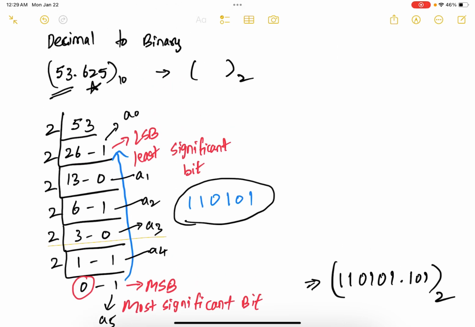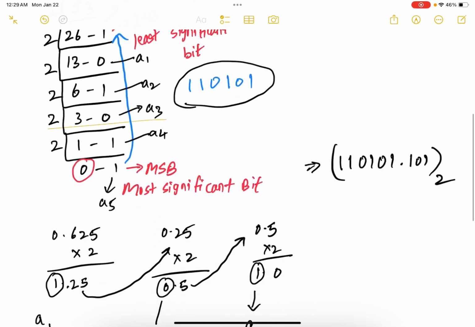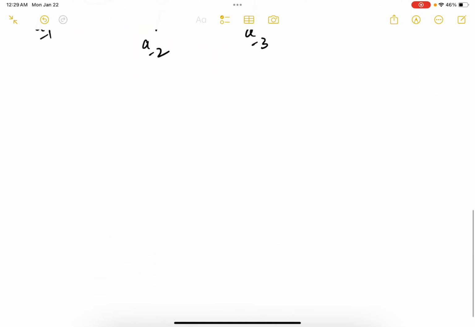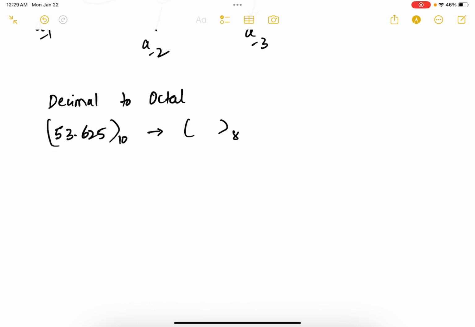Now let us try the same thing with the octal system. So we have decimal to octal, given 53.625. We need to find its octal equivalent.